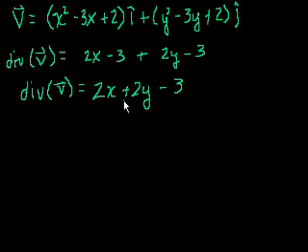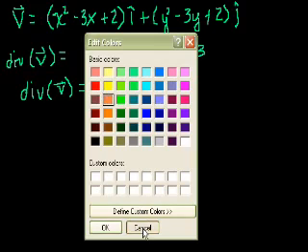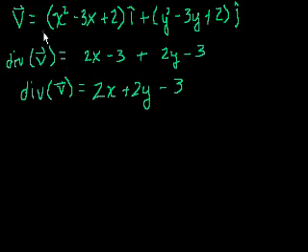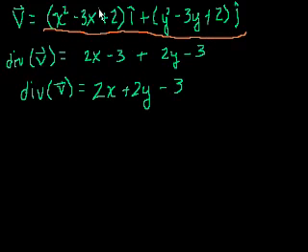Now, before I show you the graph, let's analyze this function a little bit. First of all, let's look at the original vector field and think about when that vector field has some interesting points. Well, I think some interesting points are when either the x or the y components are equal to 0. So when is the x component equal to 0?